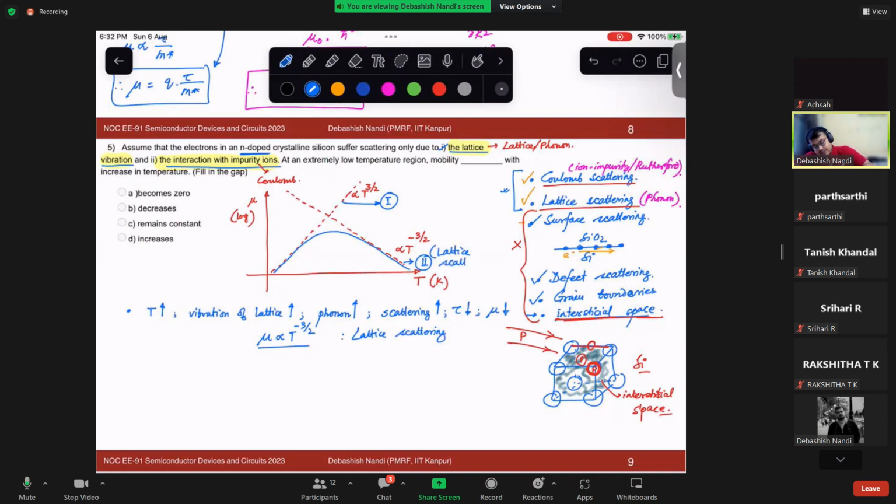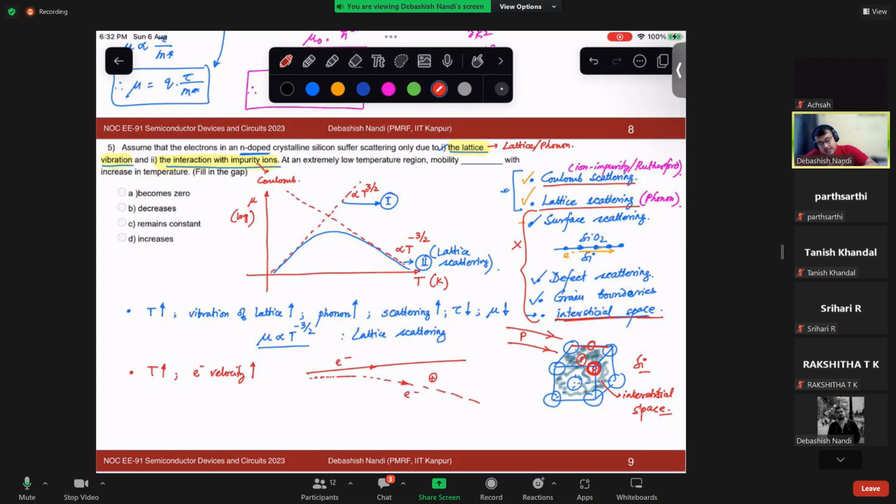And what about impurity ionization scattering or Coulomb scattering? As T increases, electron velocity will also increase, right? The thermal velocity of the electron will also increase. Suppose you have a positive charge center here and an electron is traveling earlier in this way. It gets scattered like this because it sees a positive charge.